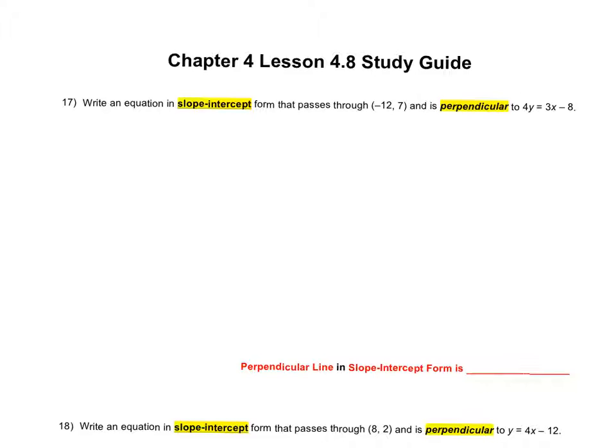When I am writing an equation in slope-intercept form, I know that the equation must be written in y equals mx plus b, because that is slope-intercept form. If a line is perpendicular to a line, it means that it creates a 90-degree angle, but it means that the slope is opposite sign and reciprocal.